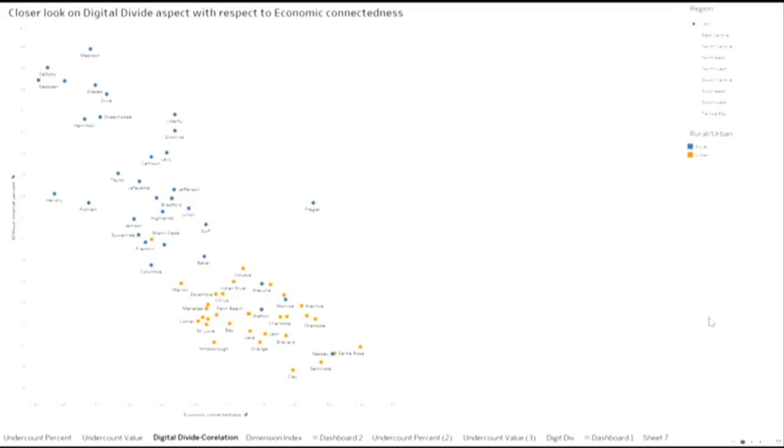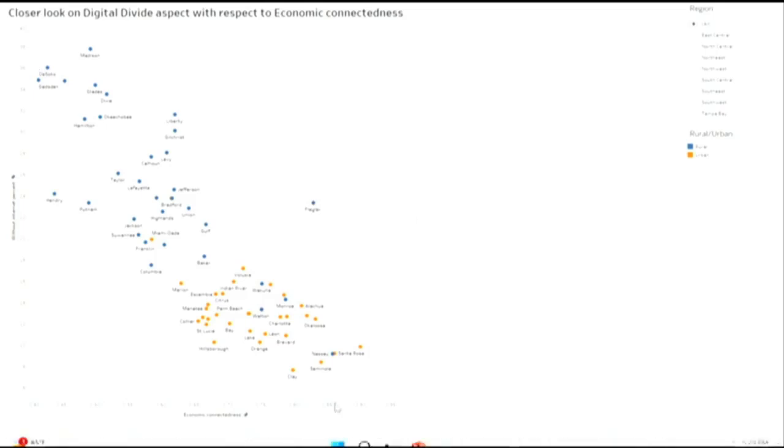That means higher the households without internet, lower is the economic connectedness. But you can see one county, that is Flagler County. It's a slight exception. Although it has higher percentage of households without internet, it also has better economic connectedness. Similarly, we have made correlations for all the dimensions.